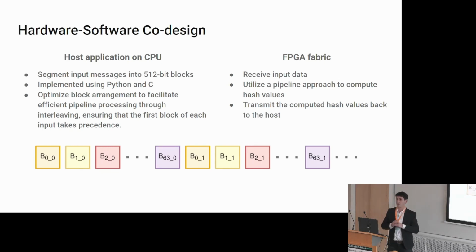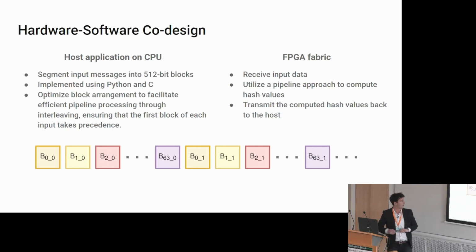When we were developing, we were first designing the host application and the accelerator in parallel. On the host application, we took several messages and segmented them into 512-bit blocks, and we mixed them in an interleaved fashion.